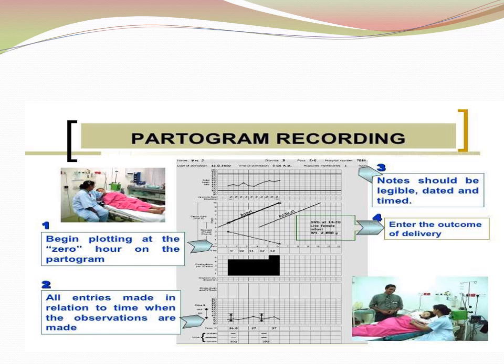In the third, the dark or black filled blocks show the uterine contractions, whether they are adequate or not. And at the end you can see the vital signs, the blood pressure and pulse of the mother.